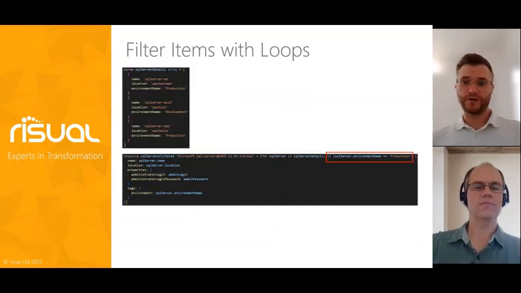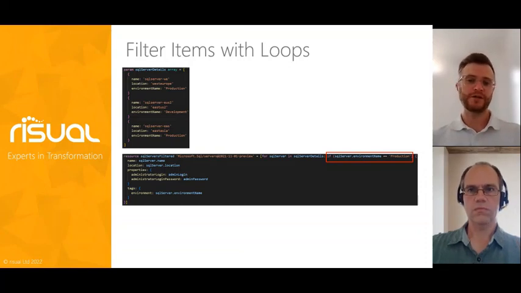Now what we can do is add a condition in the form of an if statement, which we've already looked at. So if you only wanted to deploy the SQL server if the environment was production, you just need to add the condition syntax after the for loop details.